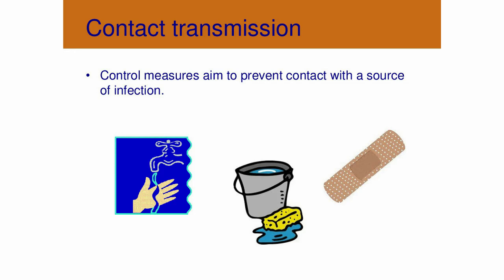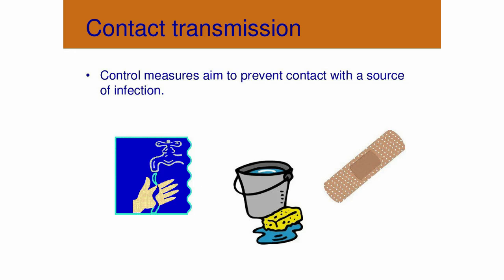Other lower order controls include covering cuts because non-intact skin provides a portal of entry, routine environmental cleaning, cleaning of blood and body substance spills, sharps safety, linen management, waste management, and sufficient PPE to protect against contact with the source of infection.